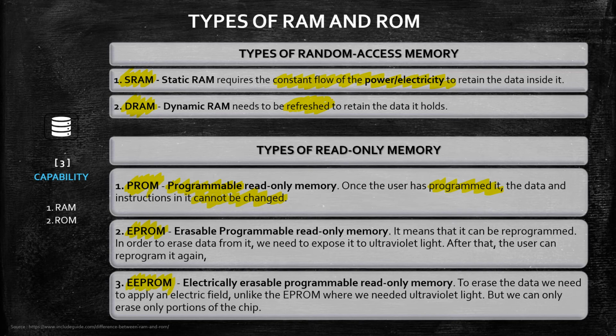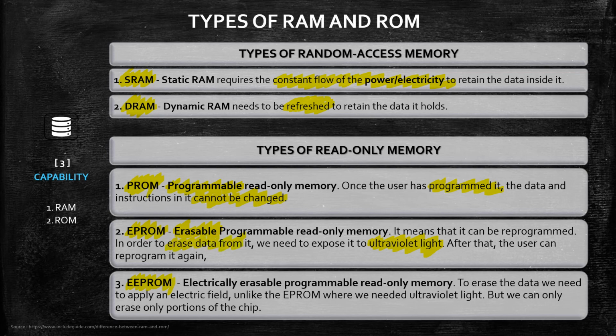Then we have the EPROM. EPROM means erasable programmable ROM. If you have written something on the ROM, you can erase it, but only through ultraviolet light. If you want to change or erase it, you need to apply ultraviolet light on it, and then you can use it again, or erase the data.